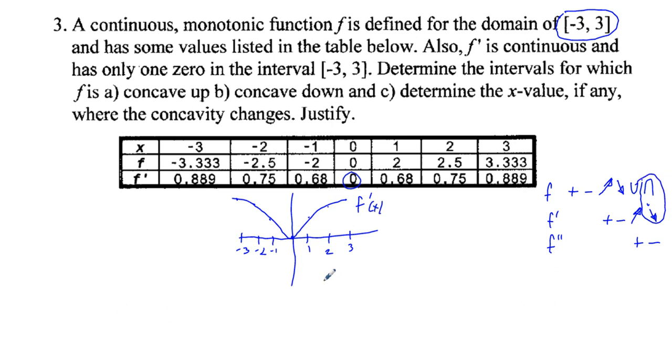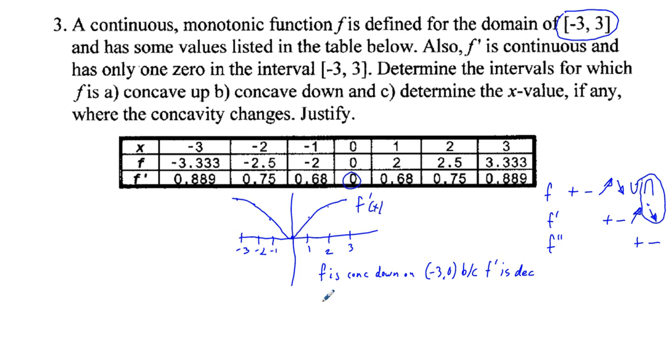So we will say f is concave down on from -3 to 0 because f prime is decreasing.